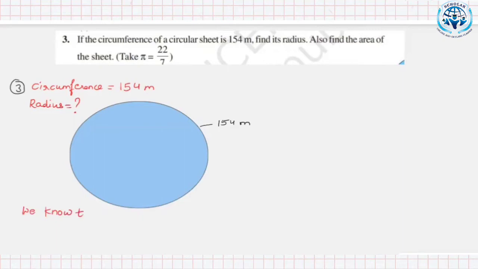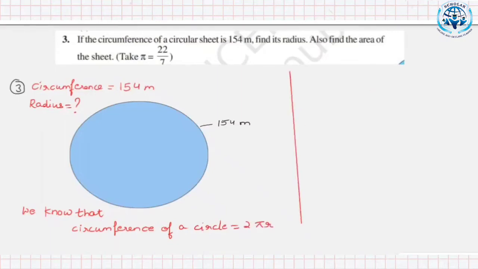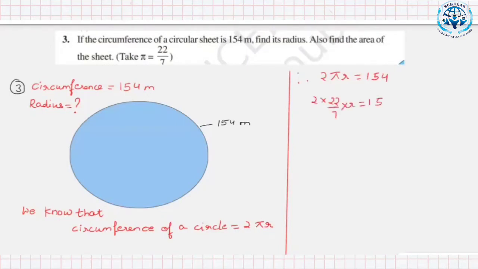That is 2 pi r is equal to 154. So r will be equal to 154 into 7 by 22 into 1 upon 2.